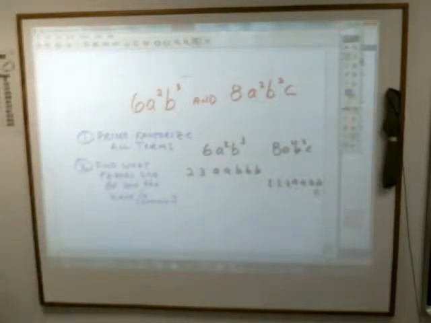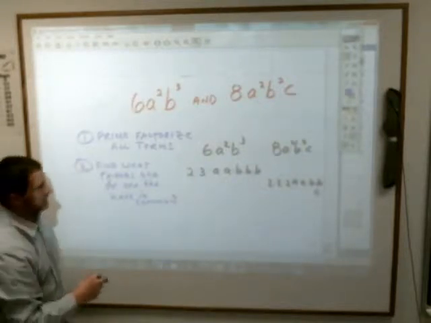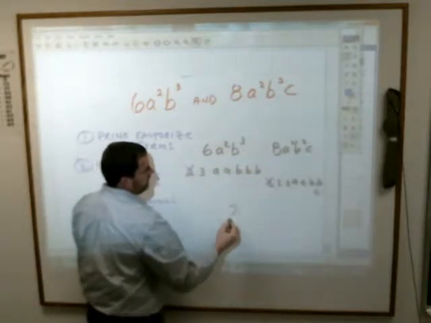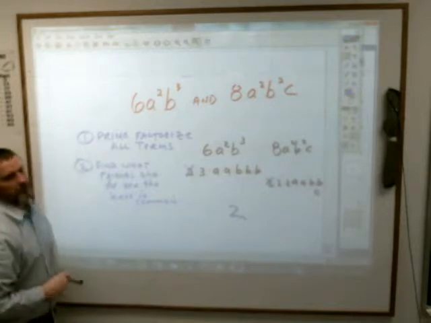Okay, and I'll walk through this here. Looking at the 2's, how many 2's do they have in common? This one and this one. They have 1 two in common. How many 3's do they have in common?